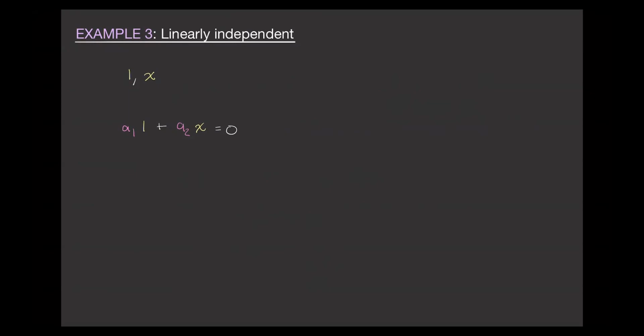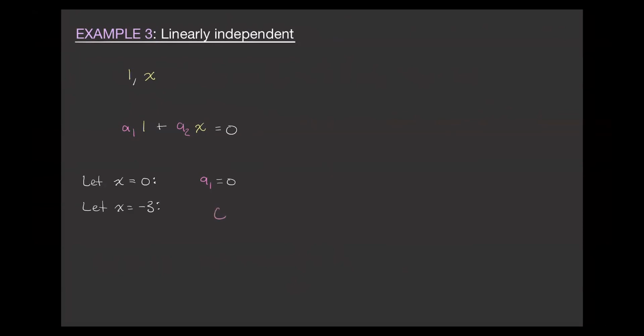The reason being is, again, you just check different x values. So we let x be equal to 0. That will show that a1 is equal to 0. Then once you have that, you'll let x be equal to -3. I could have picked 1, but I picked -3 just to show you that it could be something different.